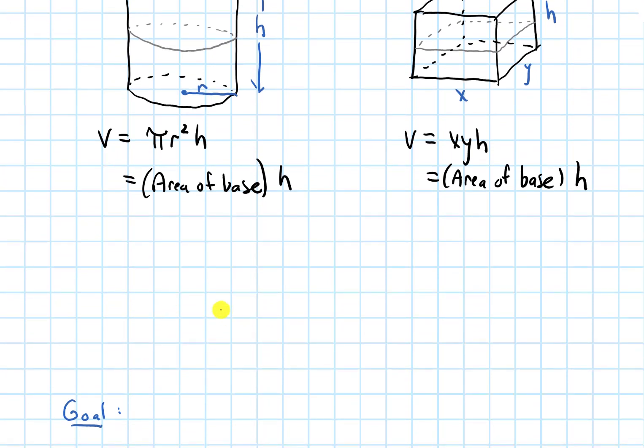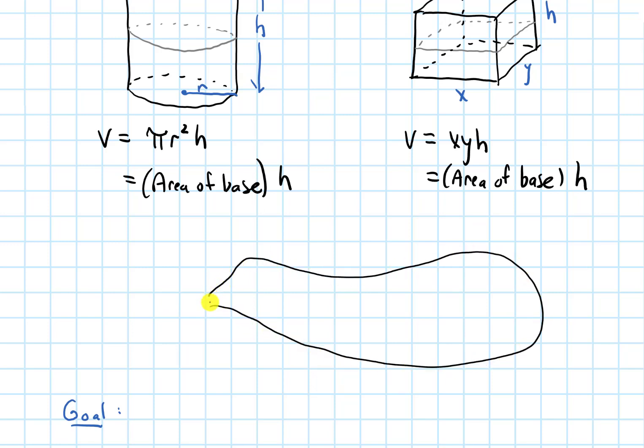Let's say I have a shape that has something like this as the base, and I'm going to call this A for the base. I'm going to make this look 3D, so I'm going to draw up at a bunch of points. This is some distance that's going to represent the height, some distance that's going to stay the same throughout.